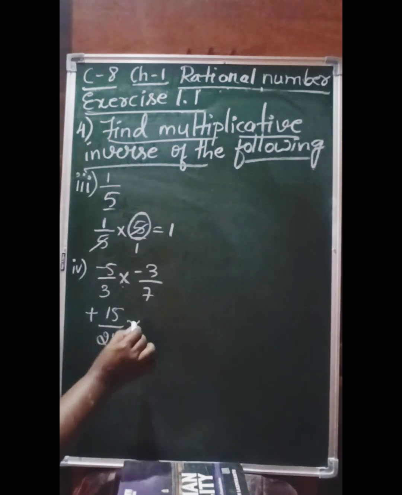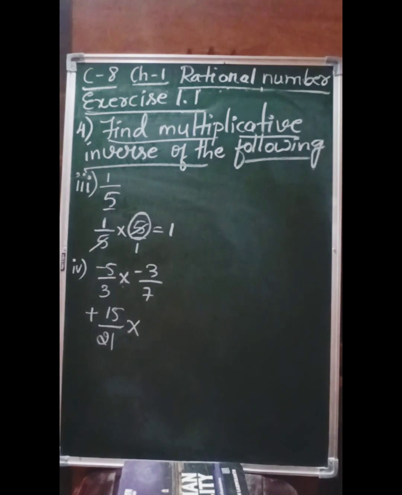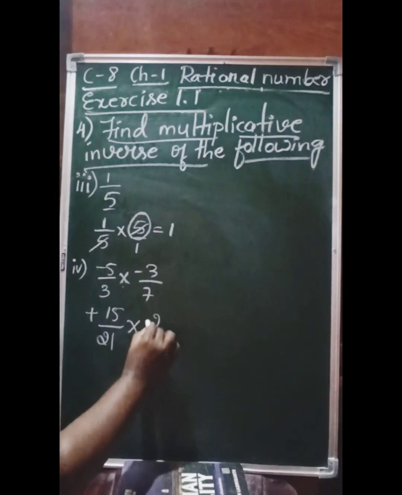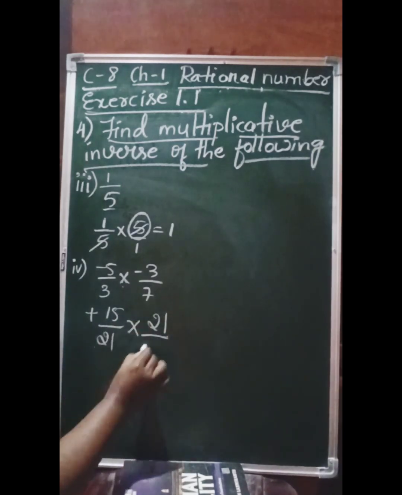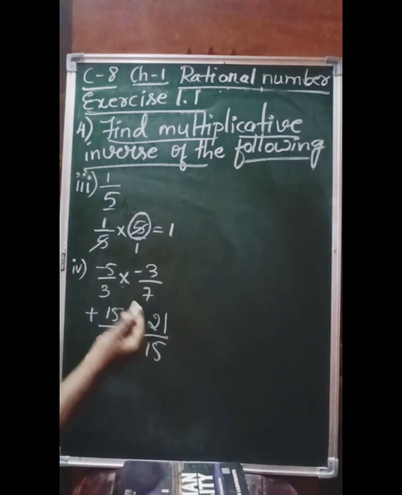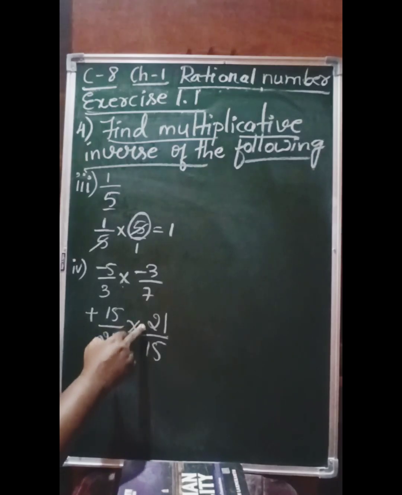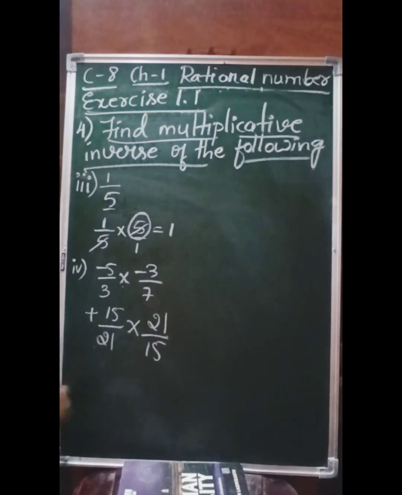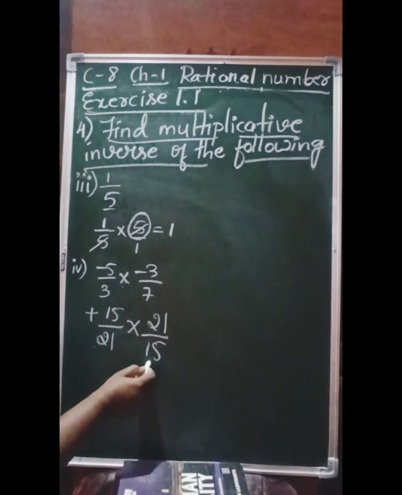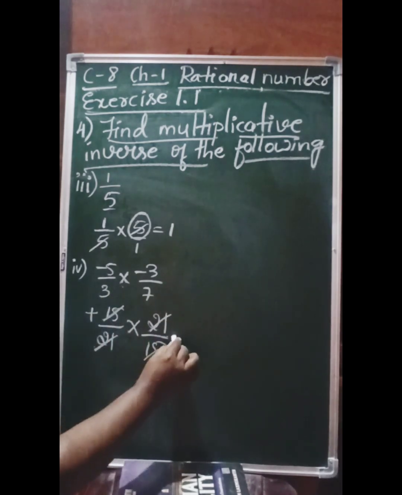Don't worry about whether to consider negative or positive, because the product should be plus 1, so no need to consider negative. I have to consider 21 here to make it cancel, then 15 in the denominator. To confuse you, they gave it like this. When you solve it, you get a positive term only, so don't get confused with the signs. Just write 21 by 15, 21 gets cancelled, 15 gets cancelled, and you get plus 1 only.